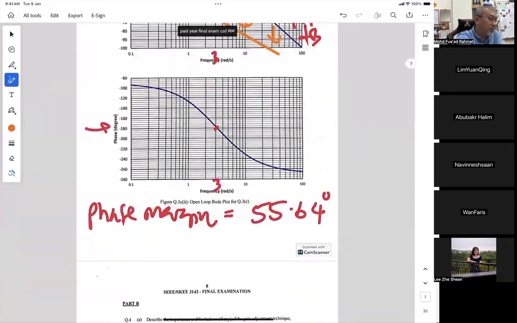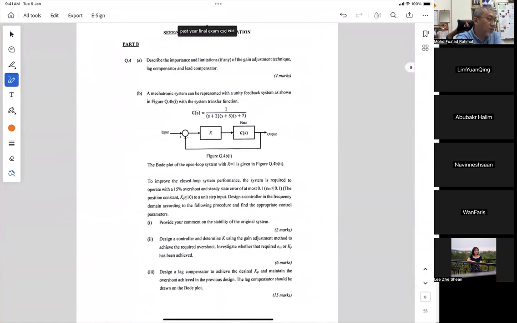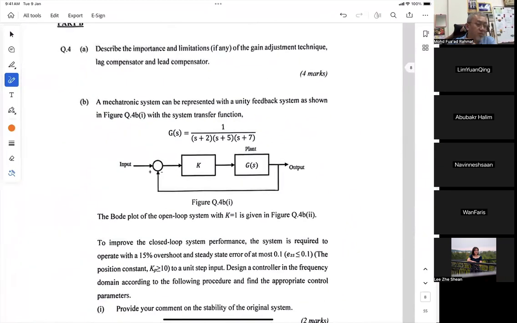Nevin, is that Question 4, please. Can you read question 4? Describe the importance and limitation, if any, of the gain adjustment technique, lag compensator and lead compensator.